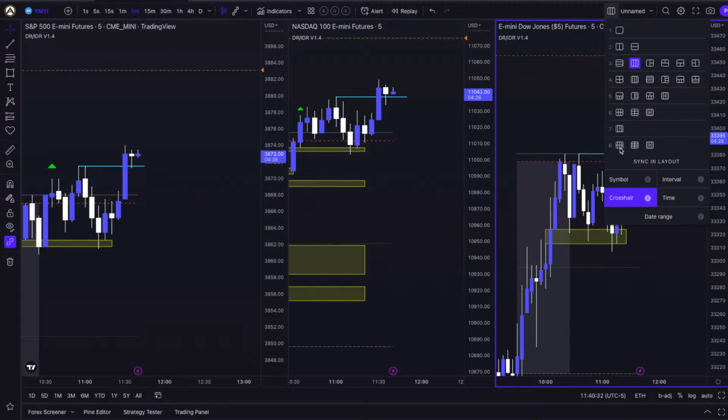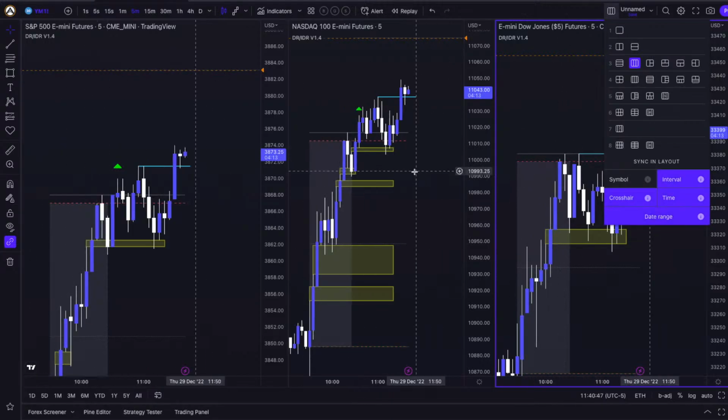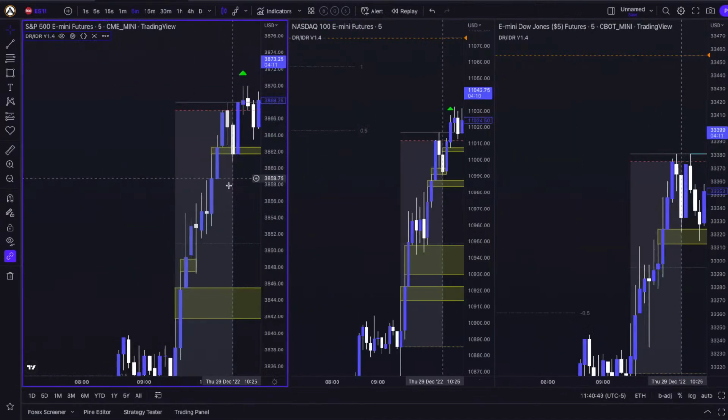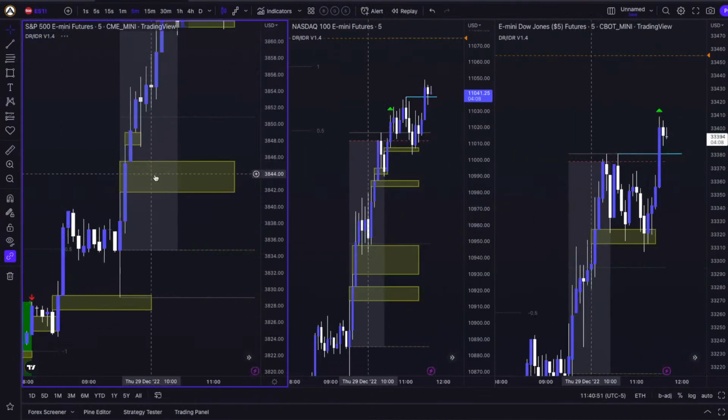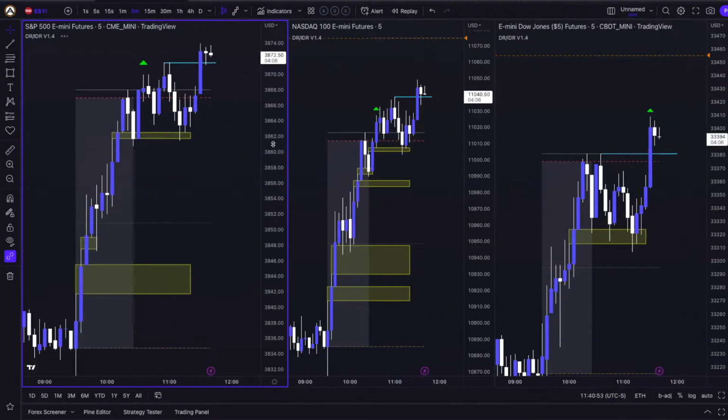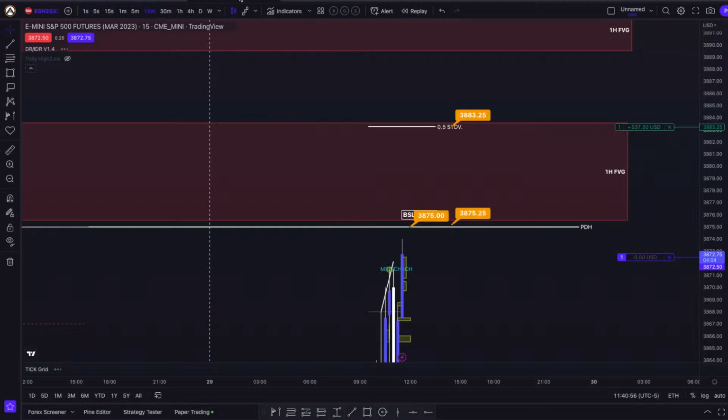I think you can use up to 12 charts at the same time if you really want to, or here, 8 charts, 7, 3 charts, and you can pick and select a layout. You can also sync the charts, for example, the intervals or time frame, and the date range. So if you move one chart, all the other charts are moving. I got that tip from Agent Smith. I know you're listening.